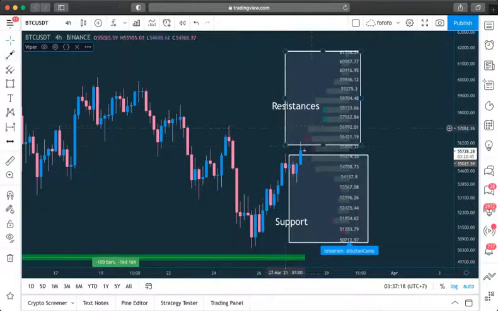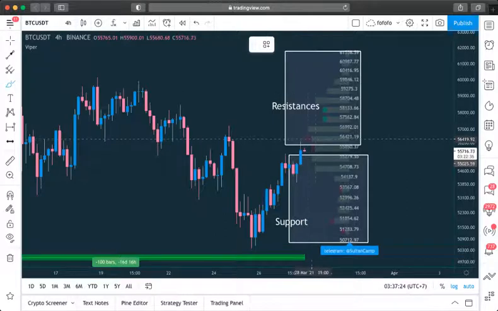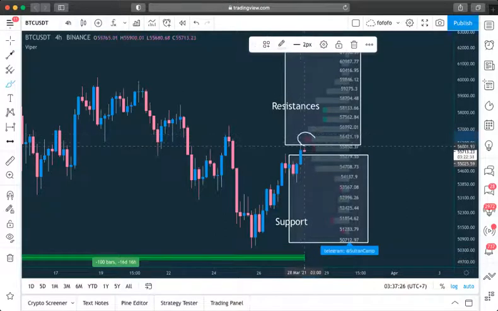If you see here, we have green and red as the last bar. That means the selling activity is bigger or dominant on the market. And if you see the green here, that means the buying activity is bigger in this market.